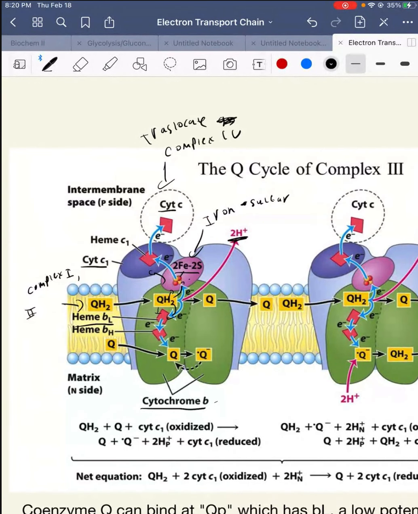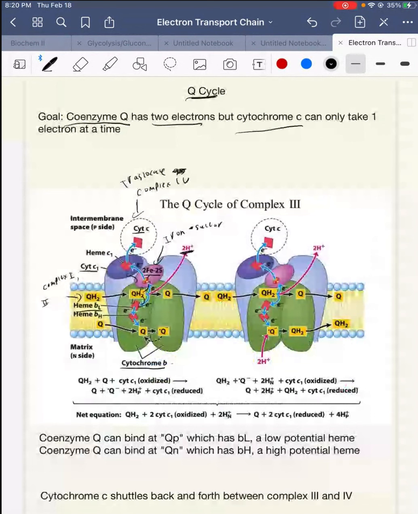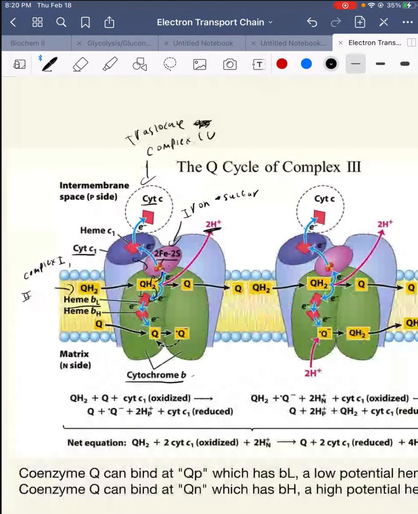So this is the low potential heme, and then one electron is given from a low potential heme to a high potential heme, and then we have this oxidized coenzyme Q from previous cycles, and that coenzyme Q accepts the electron from the high potential heme, and then we get this semi-quinone, I think that's how you pronounce it, which is a coenzyme Q with only one electron.